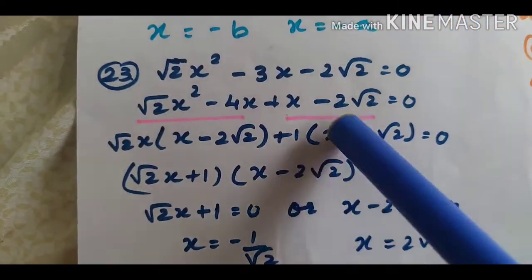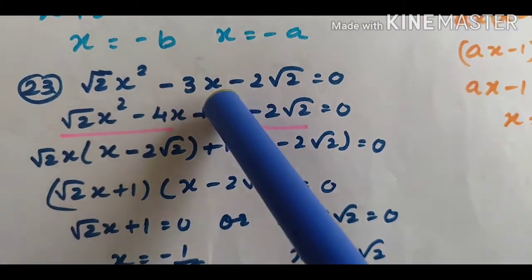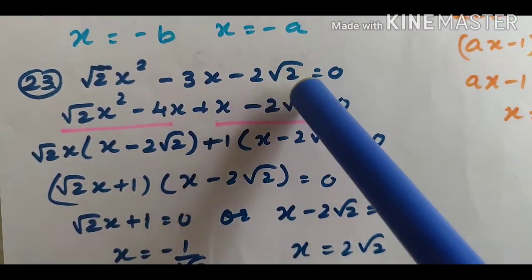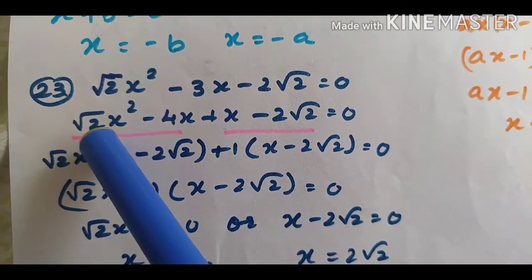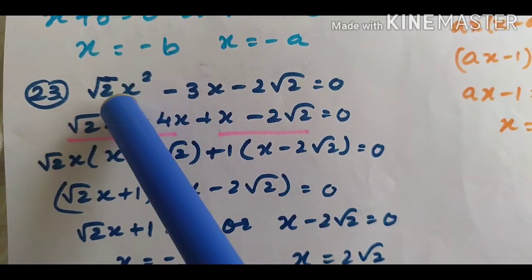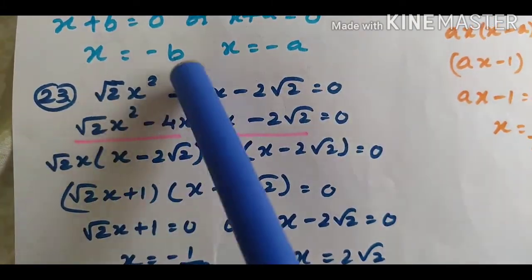Now I start my 23rd question. This is root 2 x square minus 3x minus 2 root 2 is equal to 0. Just think here that this is your last term and this is your first term.